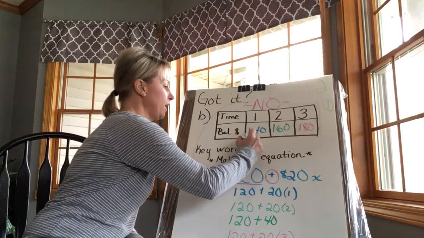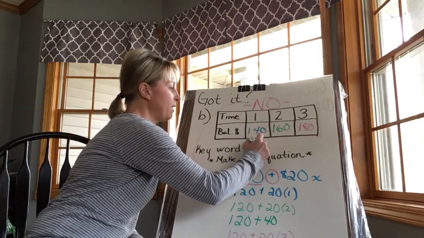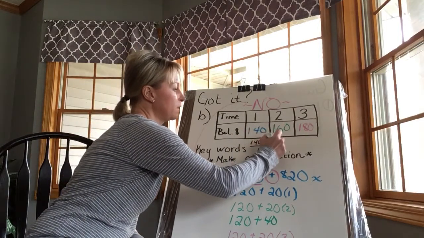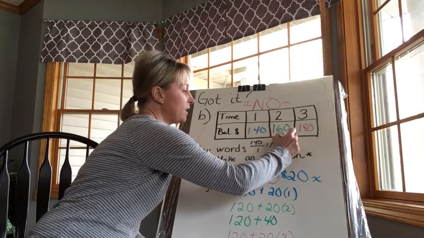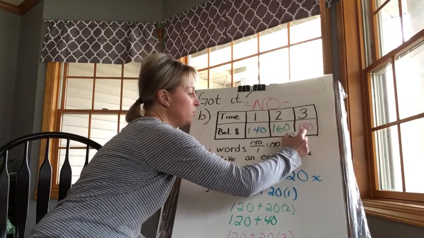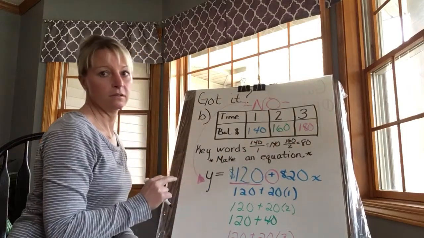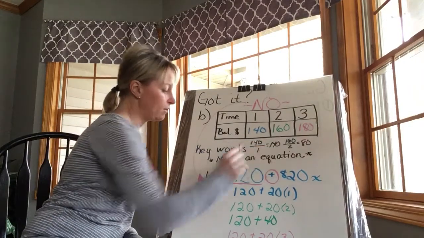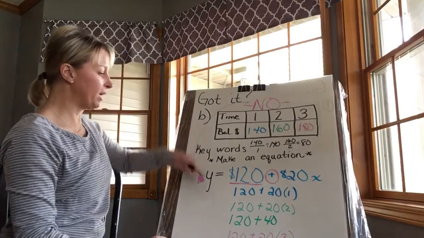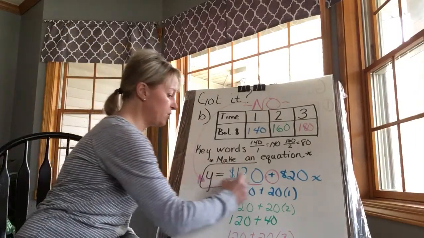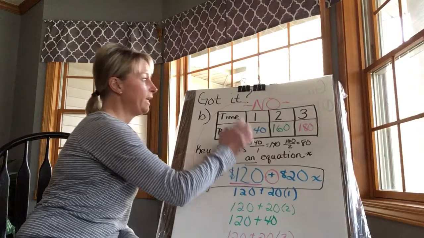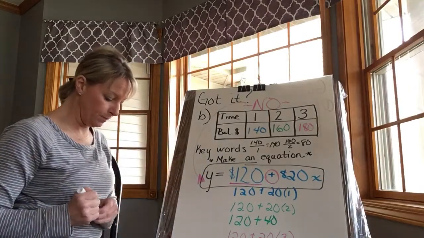So 140 divided by 1 is 140. 160 divided by 2 is 80. Do those fractions equal each other? No. 140 does not equal 80. So therefore, looking at this equation, we know that it's not proportional.